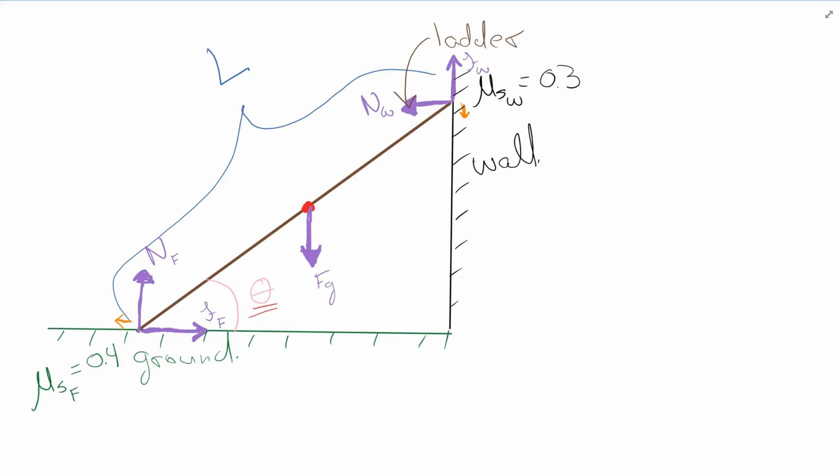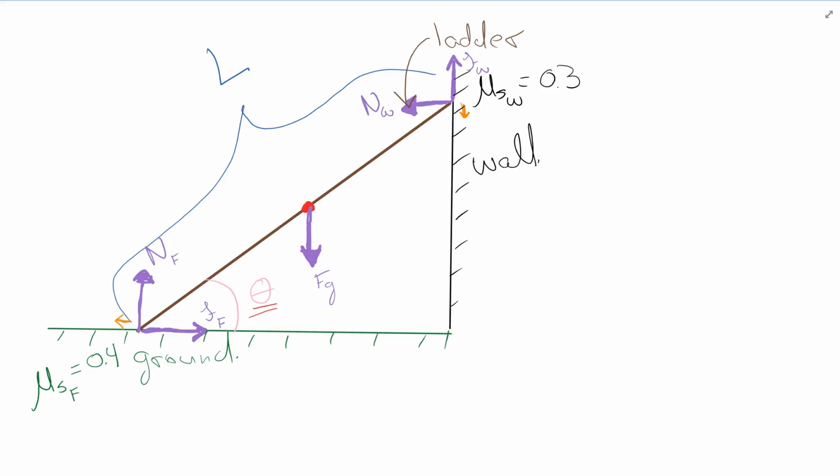Now I am going to pick a slightly controversial point to be my axis of rotation because I already know that I'm missing one major variable, and in order to make my life easy, I'm going to get rid of it.